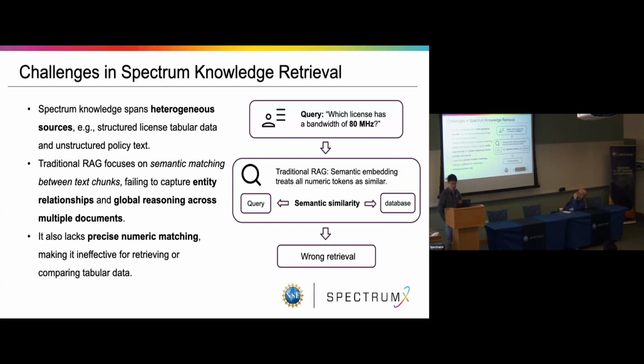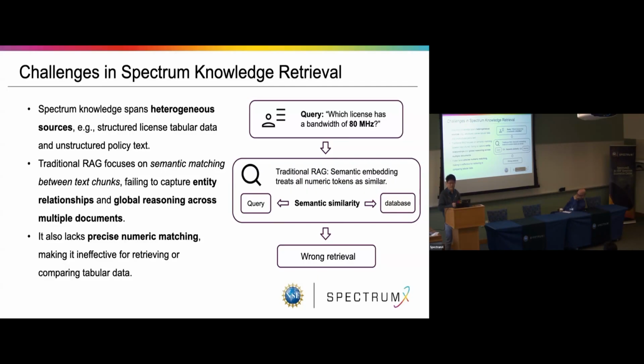The challenges: one is that spectrum knowledge spans heterogeneous sources. You have tabular data, and you have text coming from unstructured proceedings. If you use traditional RAG on top of the LLMs, it really just does semantic matching between text chunks. That would lead to failure in capturing long relationships across different places in multiple documents.